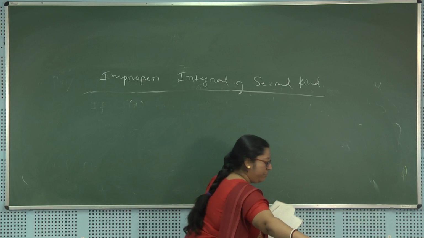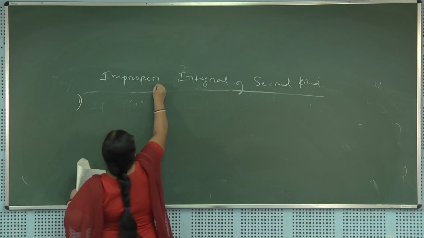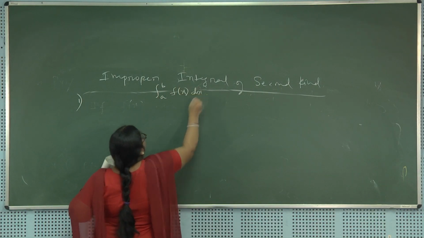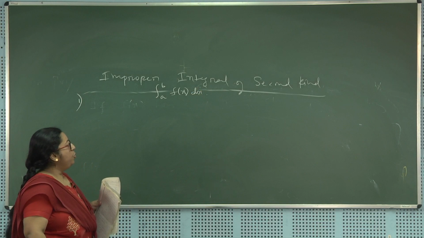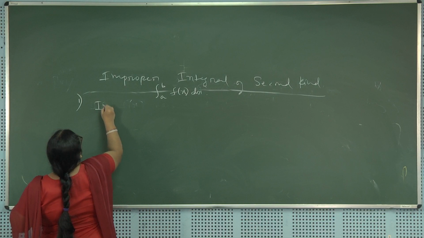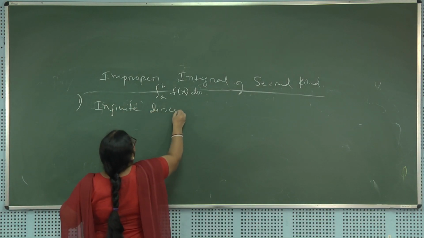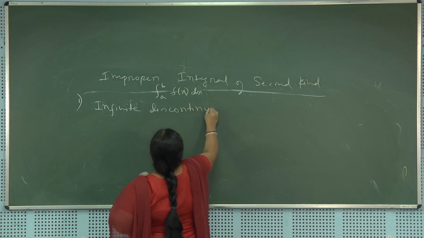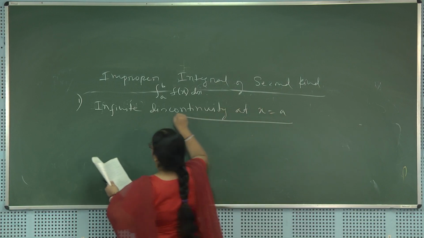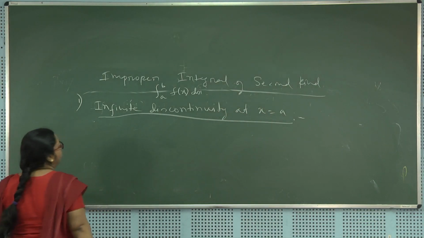First case, which is very important, is number 1. Our integral is a to b f(x) dx. Again, we will evaluate it by a limiting procedure, and we will make it a definite integral. So, for an infinite discontinuity at x equal to a, how will you do it? First of all, remember what you will do.